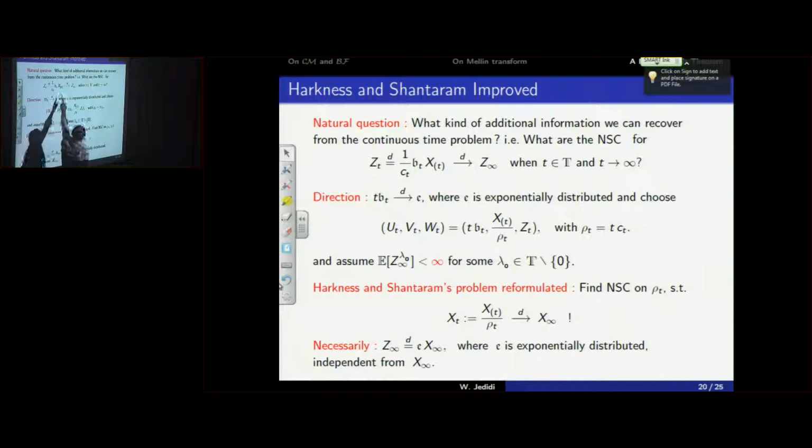Then it's enough to focus on what we get here and to look for the proper normalization needed for the exponent. We simplified it, and we showed that necessarily the limit will be a mixture between an exponential distribution and a log normal distribution.